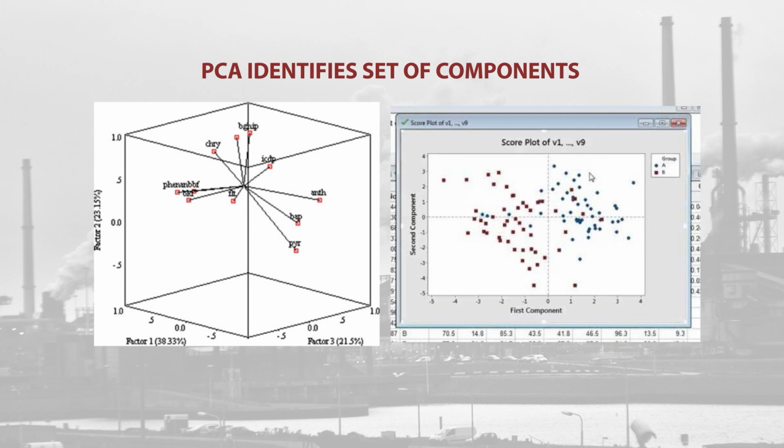Based on this identification, we can conclude that this set of combination is from the diesel vehicle, this set is from the LPG vehicle, or this set is from the kitchen. So PCA is an easy method which is widely used to identify the source.